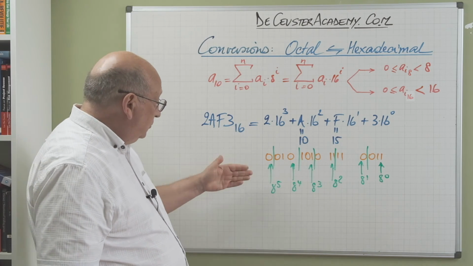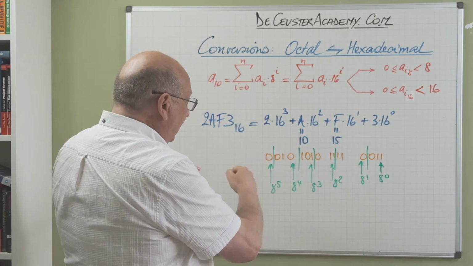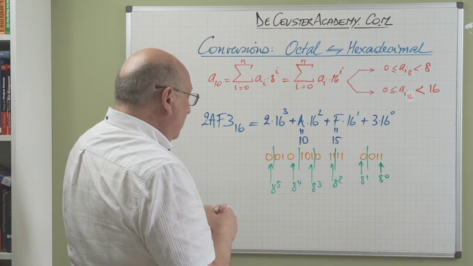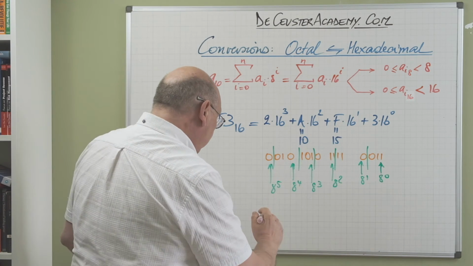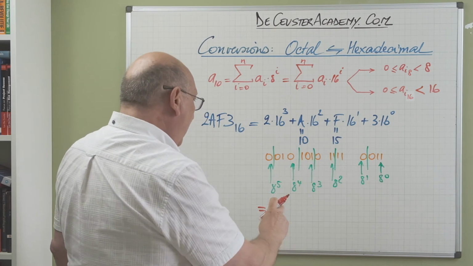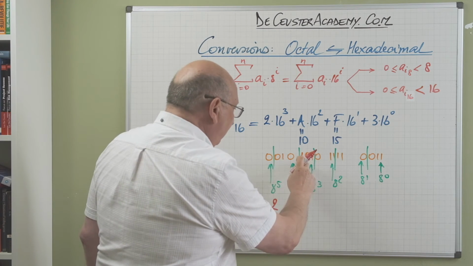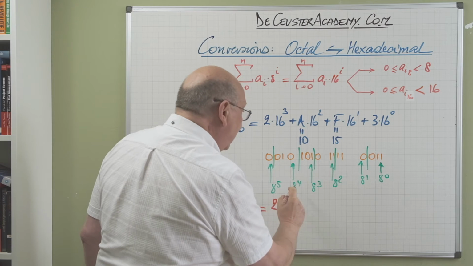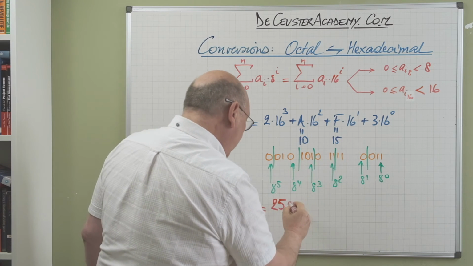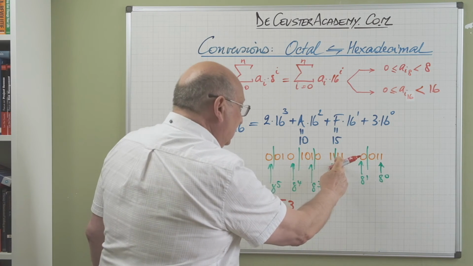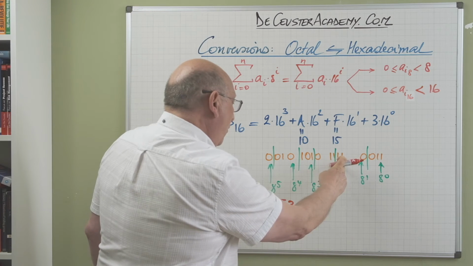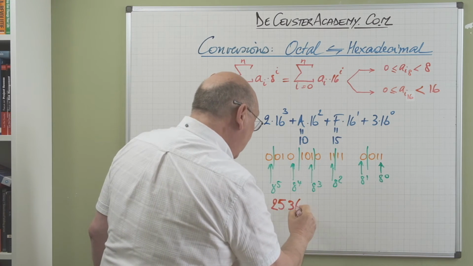So when we now write down the decimal equivalents of those coefficients, we find that this is equal to 2. Here we have 4 plus 1 is 5. Here we have 3. This is 4 plus 2 is 6.